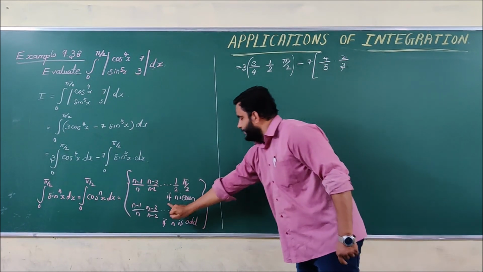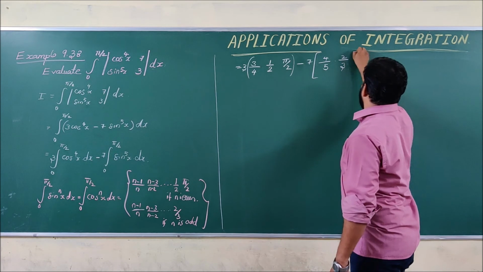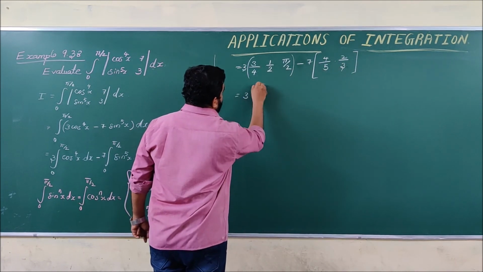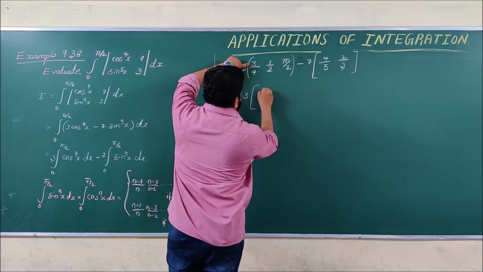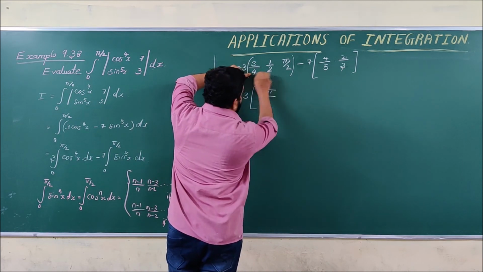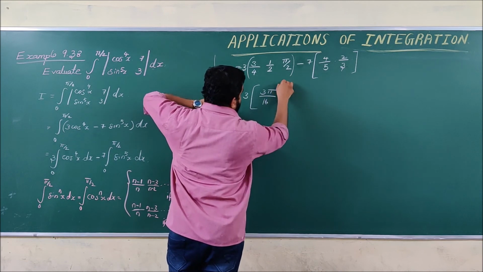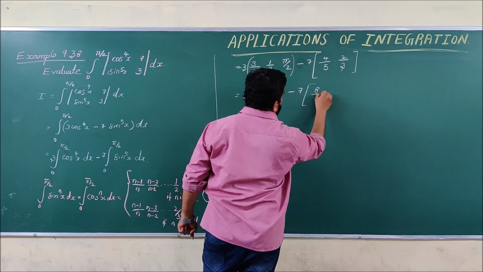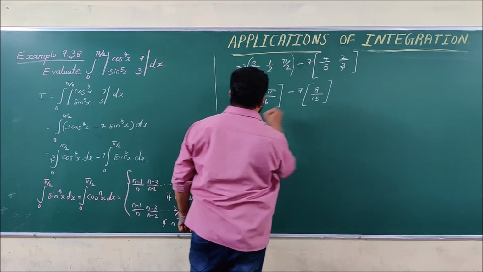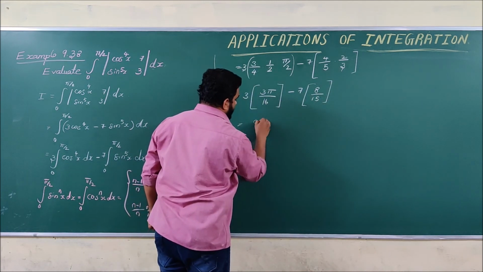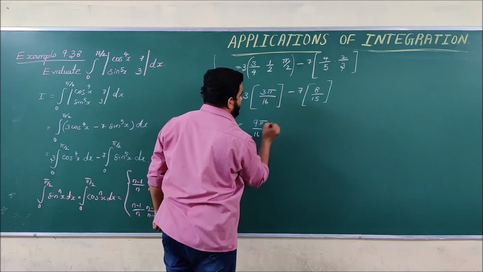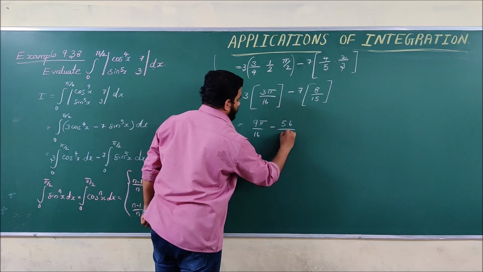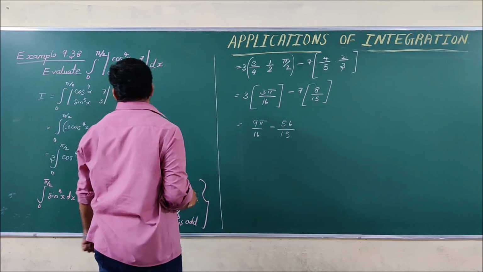Next we go to this side, so I stop here. Next we multiply: 3 into 3 pi by 16 minus 7 into 8 by 15. So 3 threes are 9 pi by 16 minus 7 eights are 56 by 15.